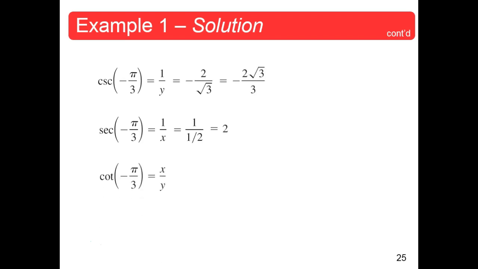And the cotangent is the reciprocal of the tangent, x over y, which is 1/2 over that, which is negative 1 over root 3, which you could then write as negative root 3 over 3.